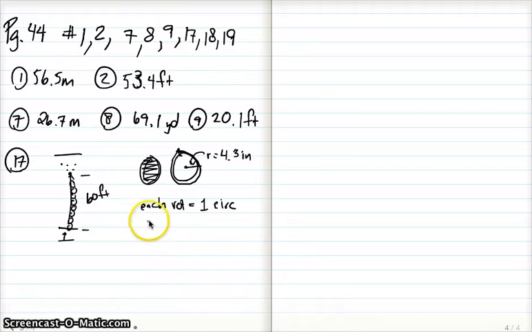So it would be very helpful to figure out what the circumference of this slice of bowling ball is. Circumference, remember, is equal to pi times diameter, or 2 pi r. I'm going to use 2 pi r in this case because we know r is 4.3 inches. And that will give us the circumference. Now when you type that into your calculator, obviously you'll have to round at some point.